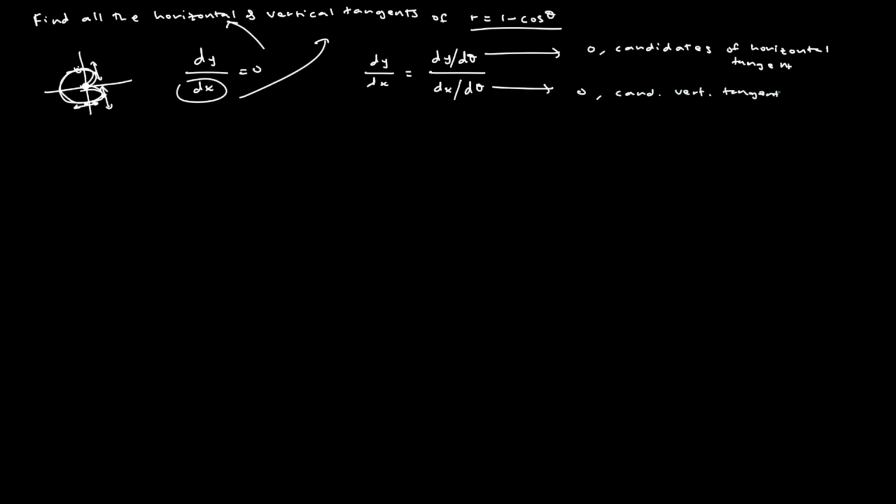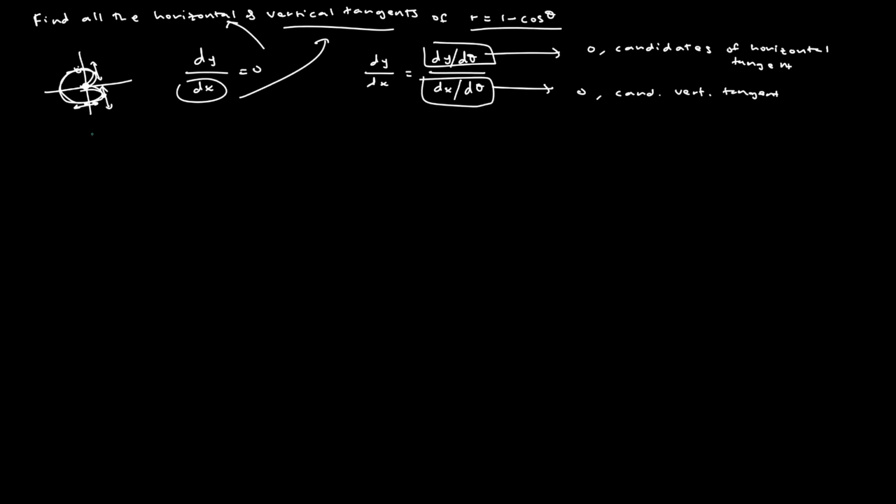Right, because the only time dy over dx will be 0 is when our numerator is 0, and it will be undefined, with a vertical tangent, whenever our denominator is 0.